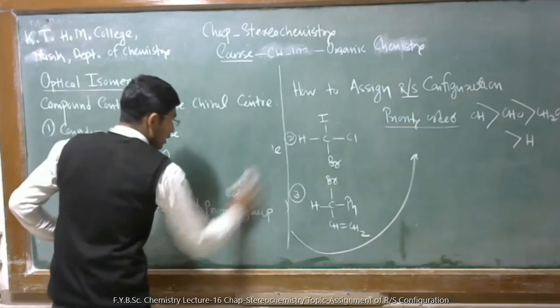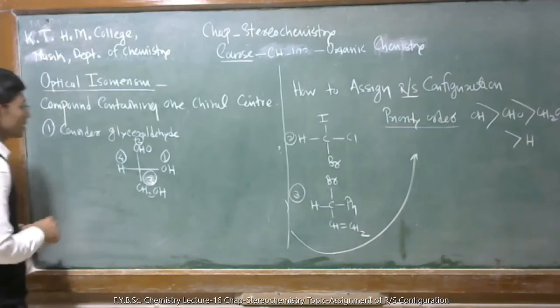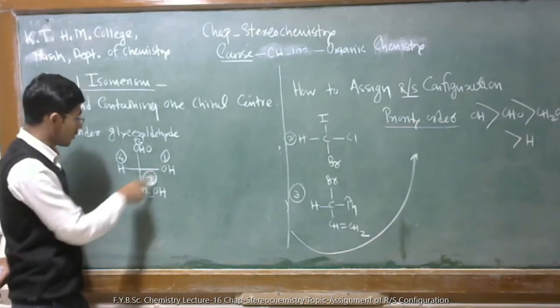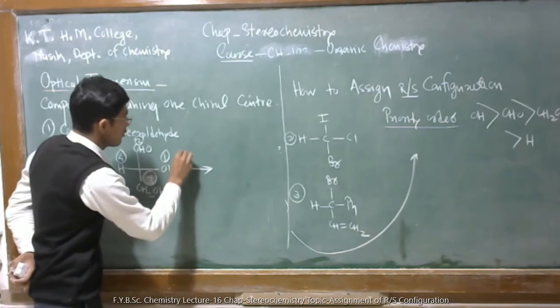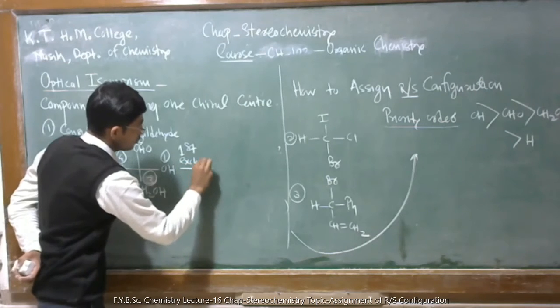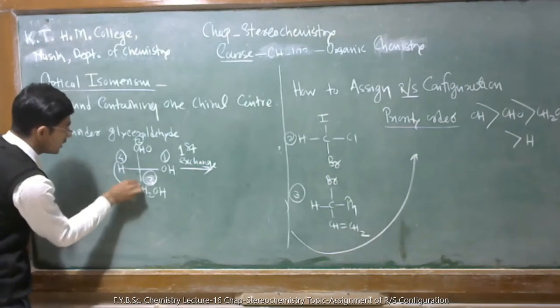So let us solve this example. In this example, we can observe that this has the first priority, this has the second, this has the third, and this has the fourth. So we have to perform the first exchange here. By the first exchange, we interchange these two groups.